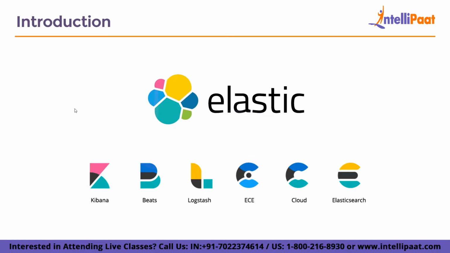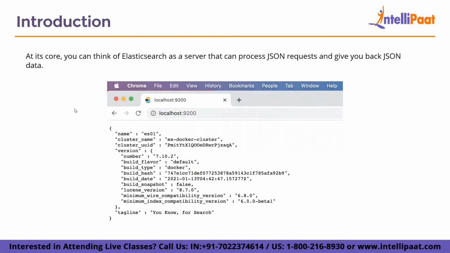Today, Elasticsearch is the most popular enterprise search engine and one of the 10 most popular DBMS out there. At its core, you can think of Elasticsearch as a server that can process JSON requests and give you back JSON data. The syntax of a JSON file is shown below in this diagram. You basically start out with braces, and then there is a key value pair which is separated by a colon, and the key is included in double quotations, and the same goes for the value as well.